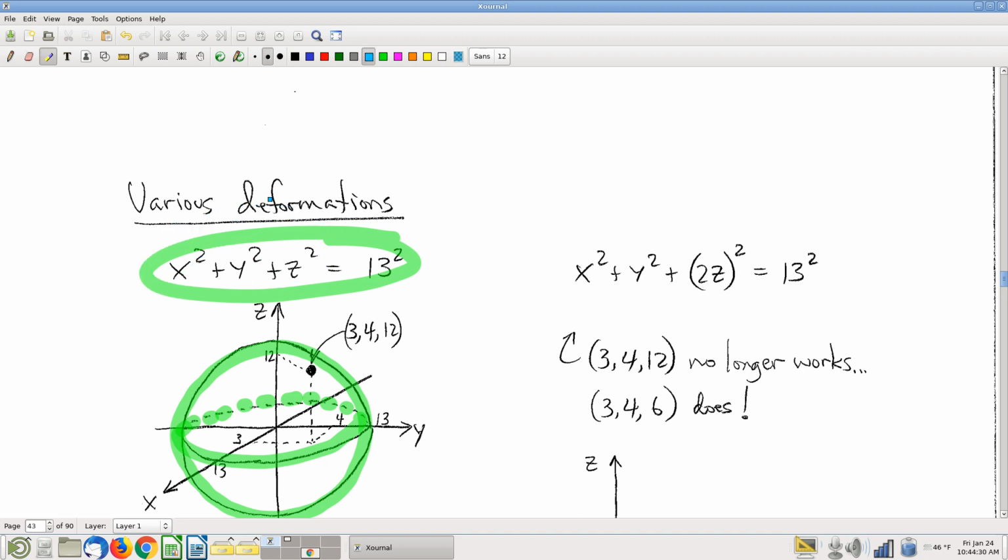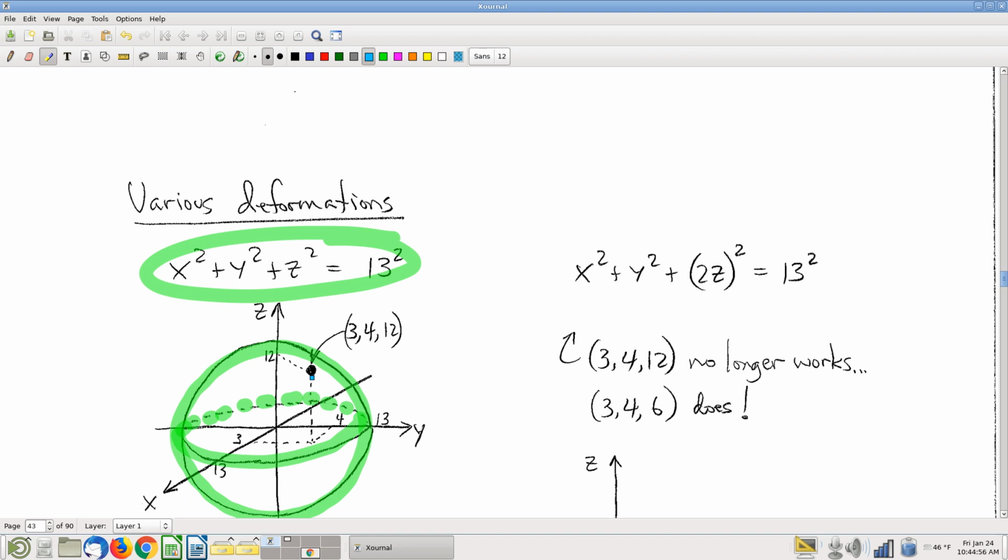It's just got every symmetry possible. And I can't think of any other surfaces that do, right? Another way you can think of this is that this is the square of the distance from the origin. So basically this equation says distance to the origin equals 13. And that's clearly a sphere. Okay. All right, so that's not what we're here for.